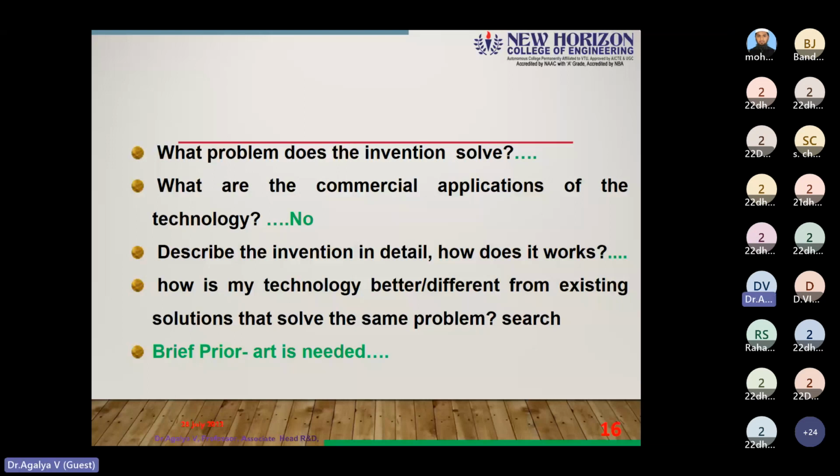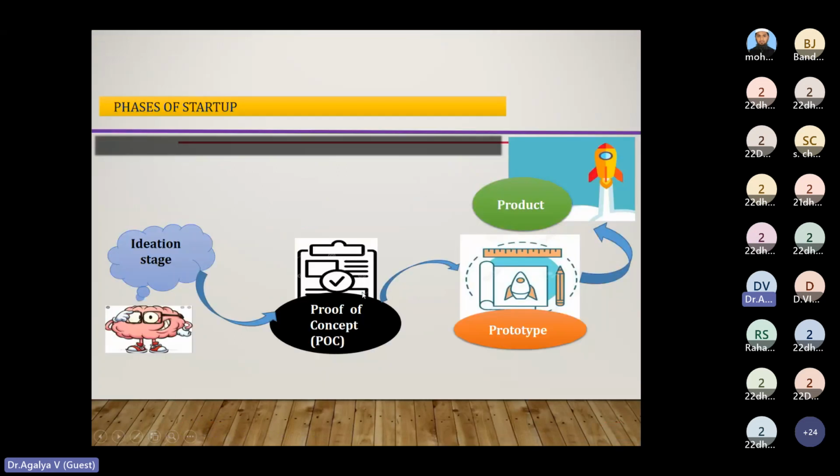Okay, and this you can see, and there is a prior art needed. Then there are the phases of a startup. What we have discussed in the previous slides, I'm concluding with these four stages. One is ideation. You need to create a proof of concept for the experimental study purpose, before in vitro and in vivo study.